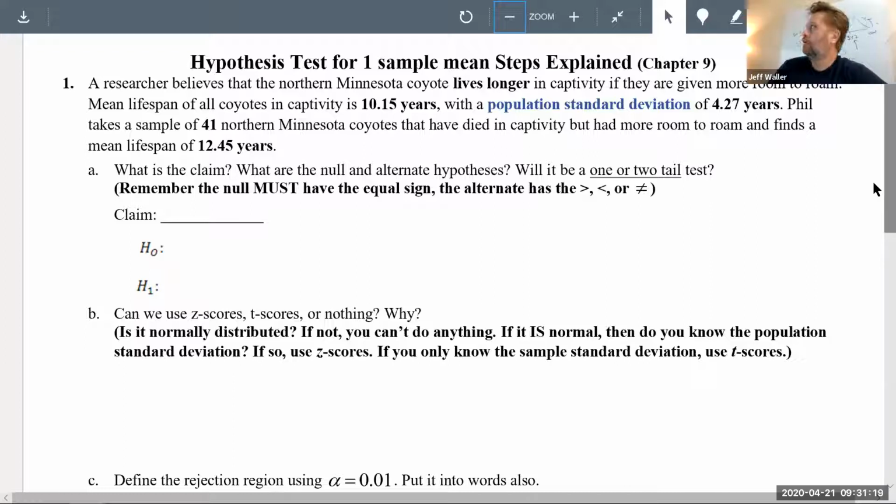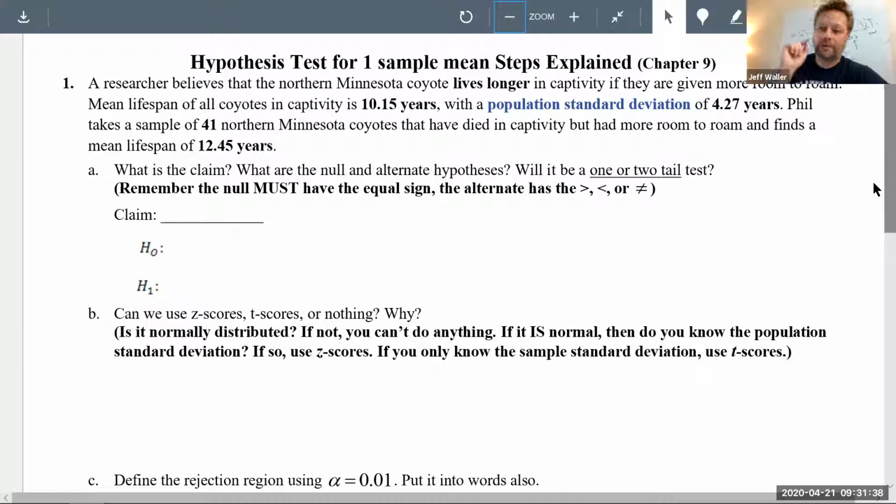So watch. The second sentence says the mean lifespan of all coyotes in captivity is 10.15 years. That's not a claim. That's a reality. That's just a known fact.